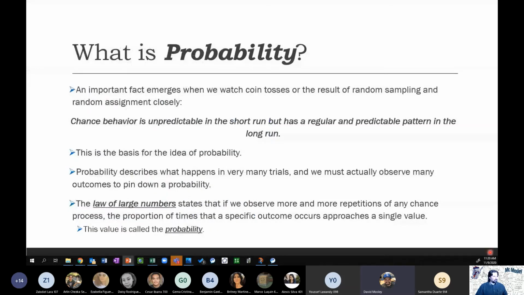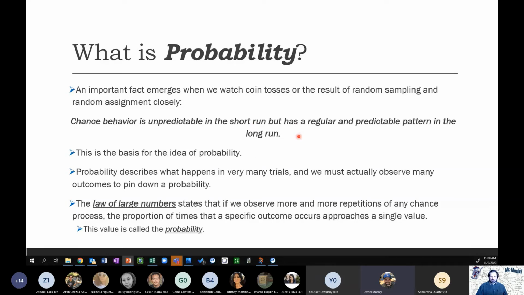So what is probability? An important fact emerges when we watch coin tosses or the result of random sampling and random assignment closely. Chance behavior is unpredictable in the short run, such as what we just did with the rolling of the dice. We weren't sure what was going to happen every time we rolled the dice 7 times, but it has a regular and predictable pattern in the long run.